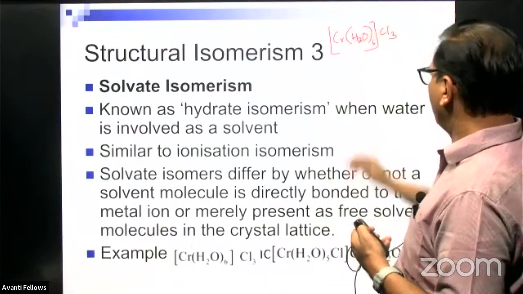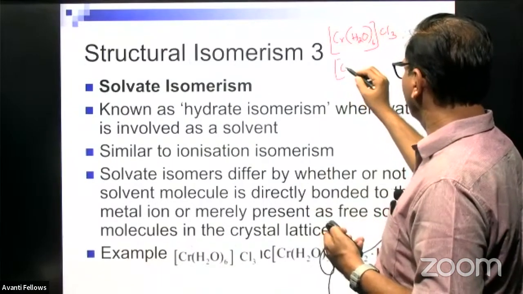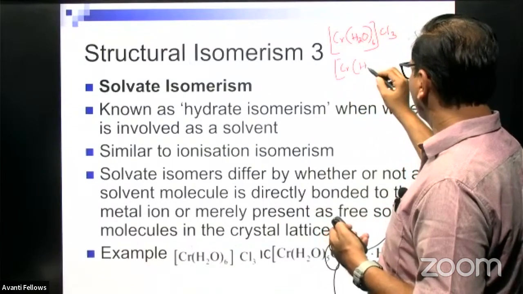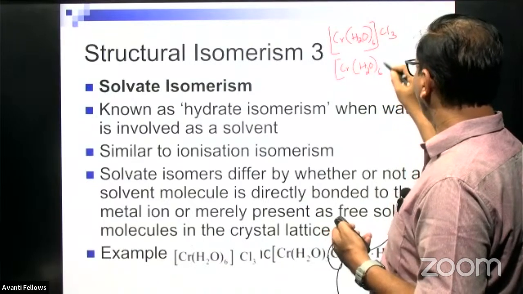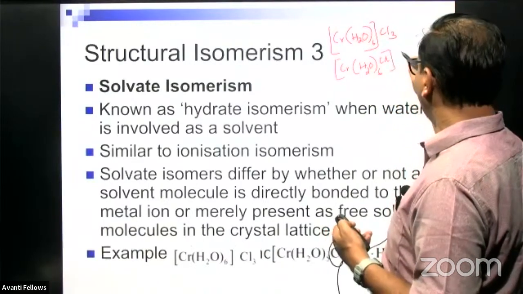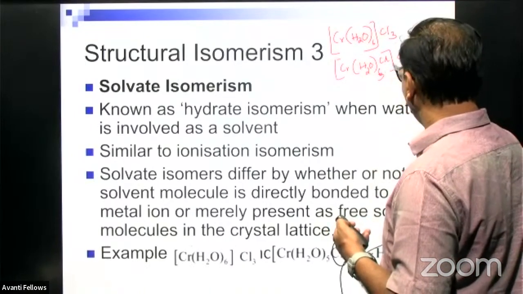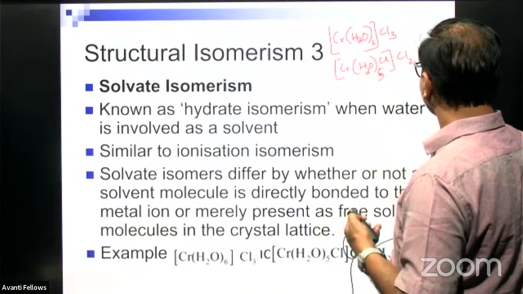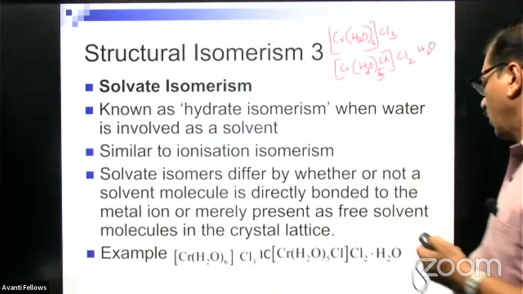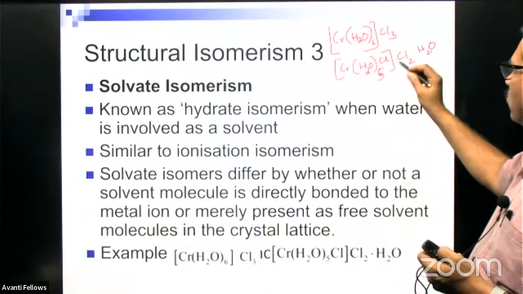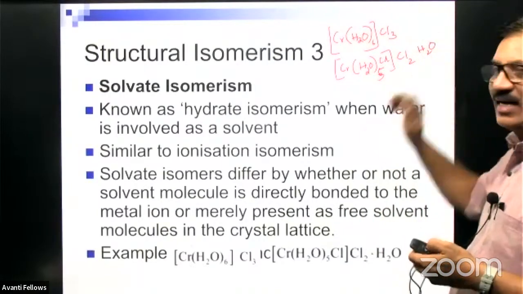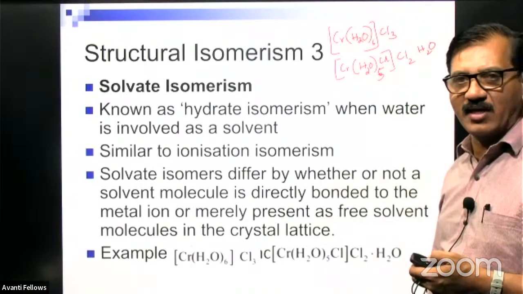The isomer of this one is [Cr(H2O)5Cl]Cl2·H2O. That means one of the water molecules is in hydrated form. It is not acting as a ligand.